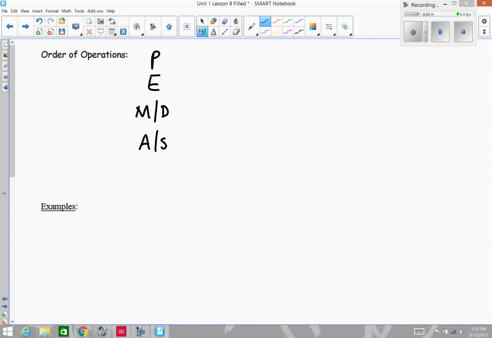And we know that the P represents anything in parentheses. We want to evaluate anything in parentheses first, and then we want to look for anything that is a base with an exponent, and evaluate anything with exponents next.